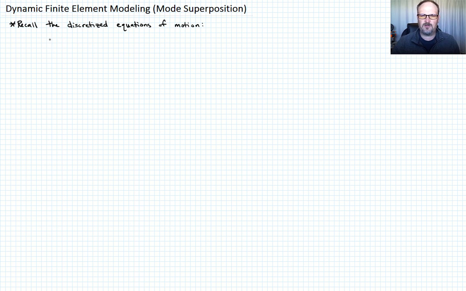Those equations, remember, were the mass matrix M times U double dot, which could be a function of time, plus K times U, also a function of time, is equal to some reaction vector R, also a function of time. Okay, that's equation 1.